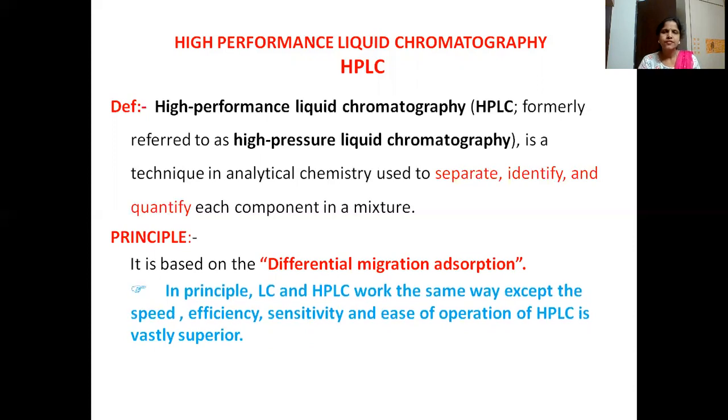The only difference between simple LC, that is liquid chromatography, and HPLC is that HPLC is very fast, efficient, and sensitive. The ease of operation of HPLC is vastly superior. We can easily operate it, and it gives very efficient results, and the resolution is also very high in the case of HPLC.